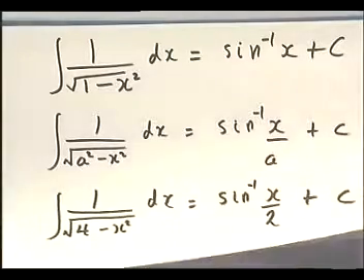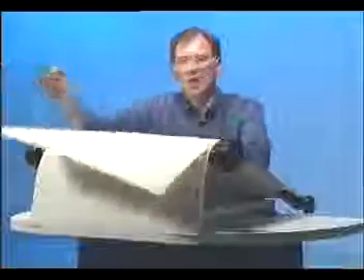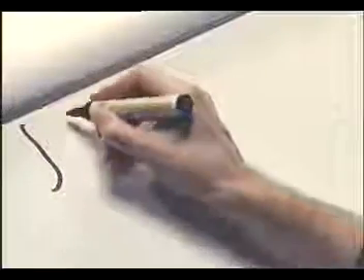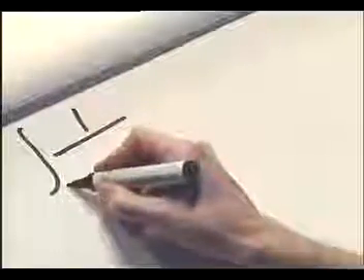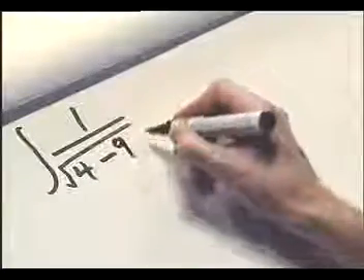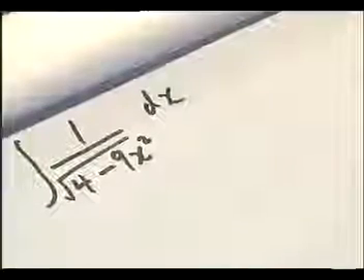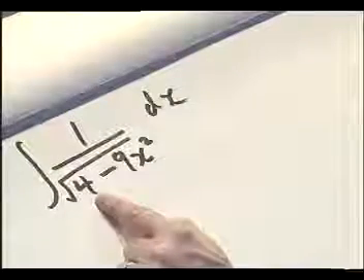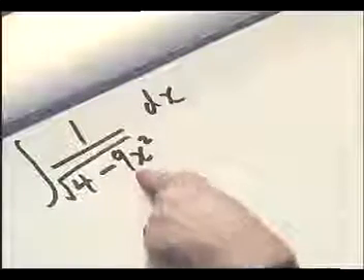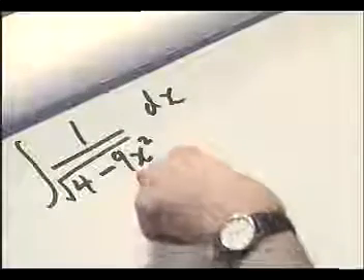But what if it doesn't quite look like that? What if we've got something here in front of the x squared? So we take the integral of 1 over the square root of 4 minus 9x squared dx. Here we can identify the a as being 2, but we've got 9 here. We really do need that just to be an x squared.